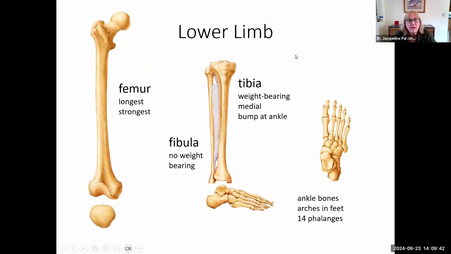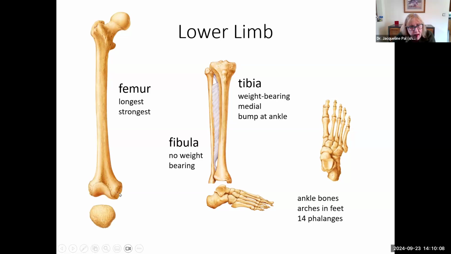All right, moving on to the lower limb and our thigh, we have the femur. Learn this bone. This is your longest and your strongest bone. So all your weight is coming through your pelvic girdle, then going onto your femur. You have your kneecap, which is your patella. The weight is not going on your kneecap, but all the weight from your femur then goes to your tibia.